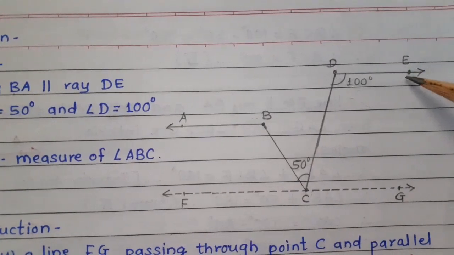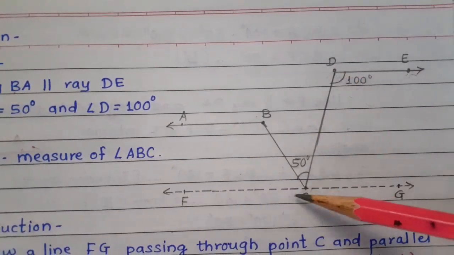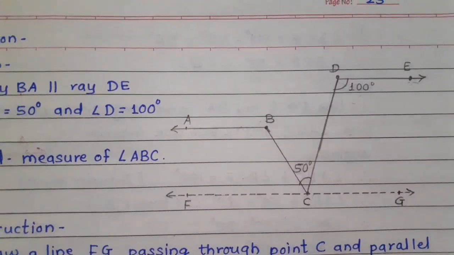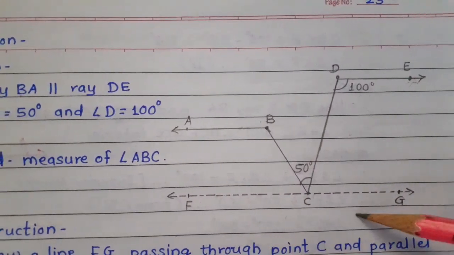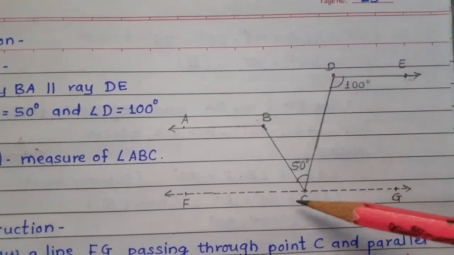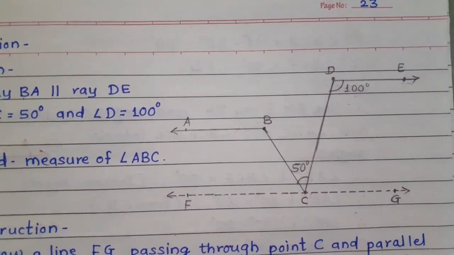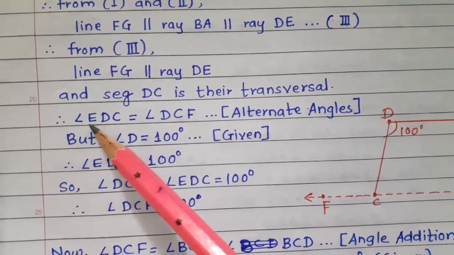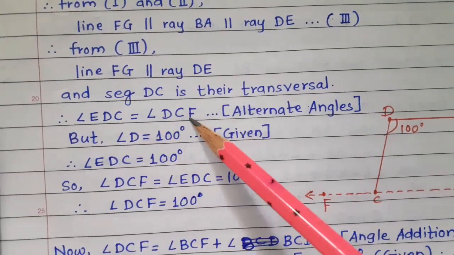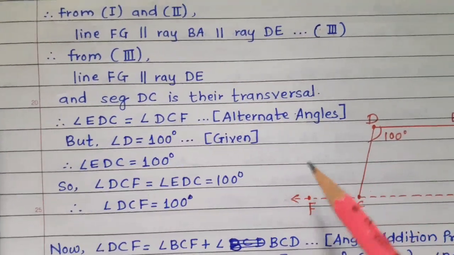Line FG and line DE are parallel and DC is their transversal, so alternate angles are equal. Therefore angle EDC is equal to angle DCF. Reason: alternate angles.